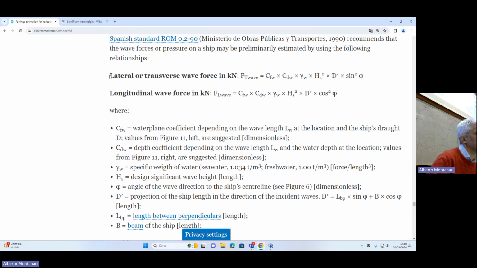No, here we don't make a difference between pressure, which I think is what you are calling inertia, and drag. This representation just makes a decomposition along the longitudinal axis and the transversal axis.